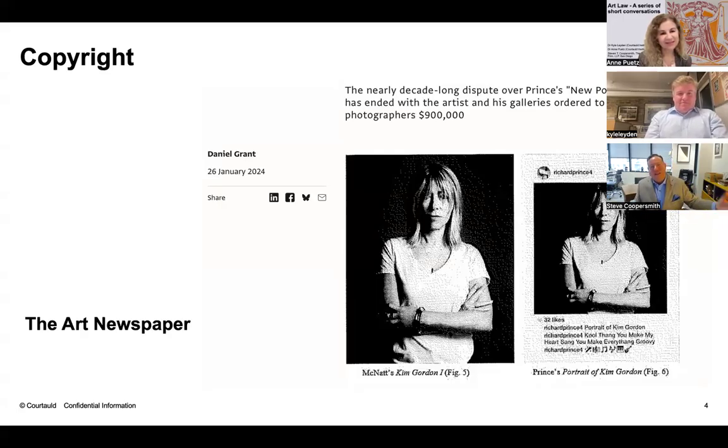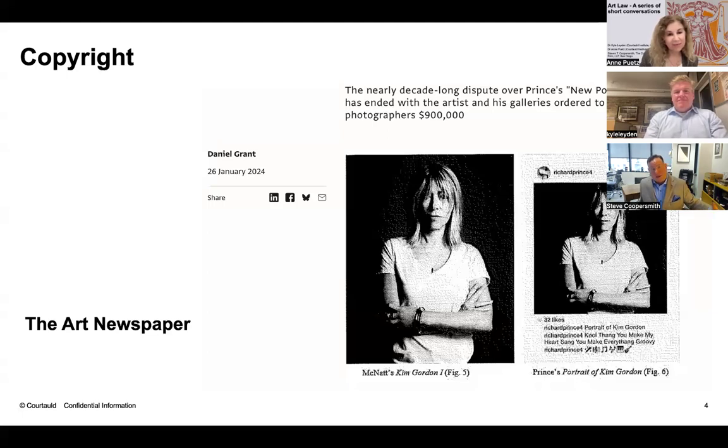And to skip to the end of that, because I really do want to get into the new portraits case that you have showing, the U.S. Supreme Court really truly reined in the idea of fair use, and essentially said that, especially for commercial purposes, if you're selling artwork.